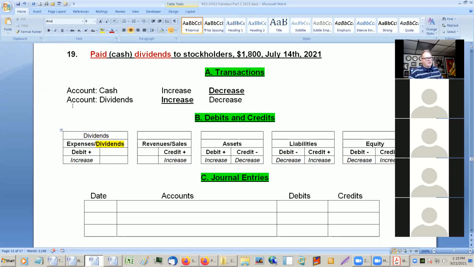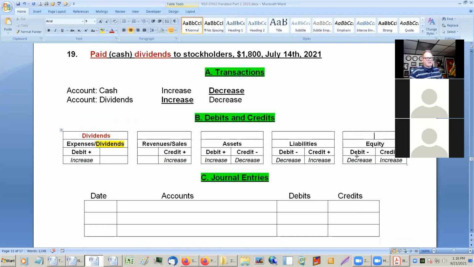I'll tell you the other way that they're shown, because dividends a lot of times will decrease the equity section. Some books will show dividends in the equity section as a decrease. The book shows dividends as an increase, so similar to expenses. So I'm going to do it the same way the book shows it. You'll notice that a decrease in the equity and an increase over here, they're both debits.